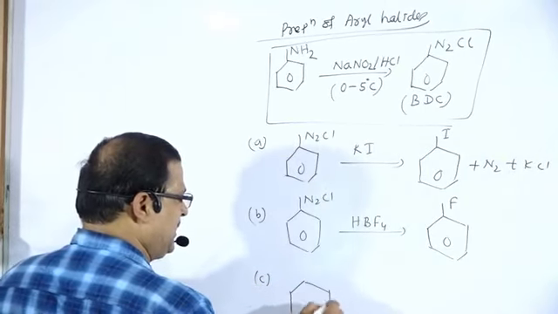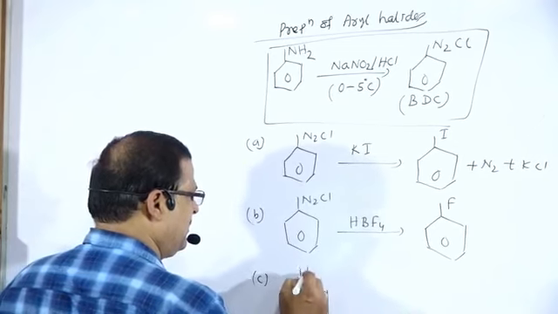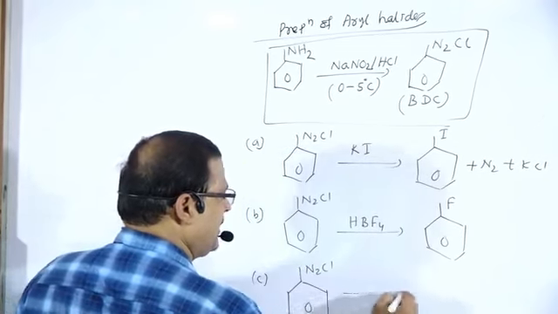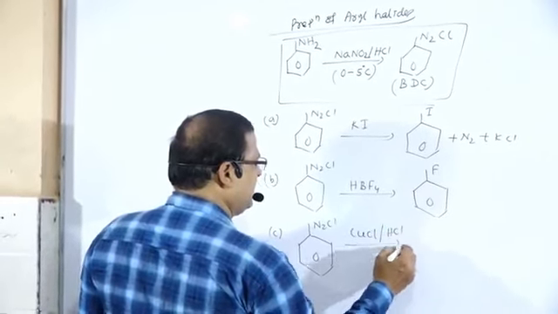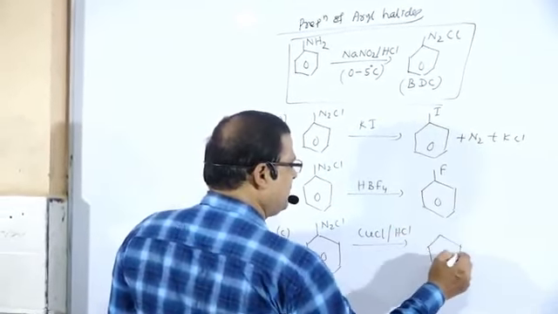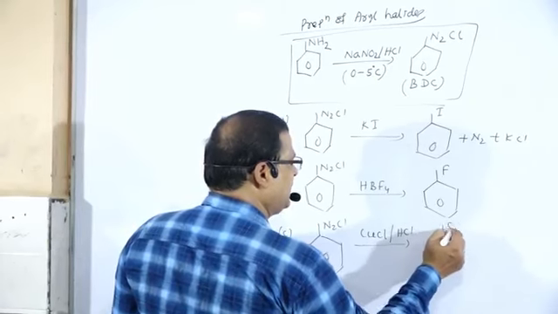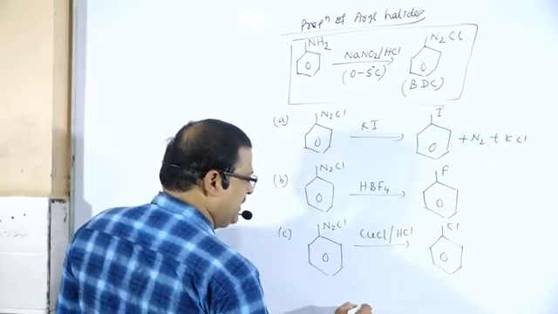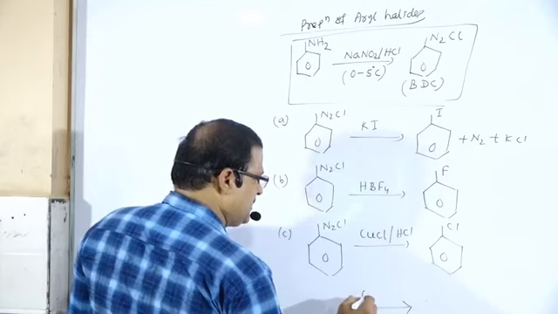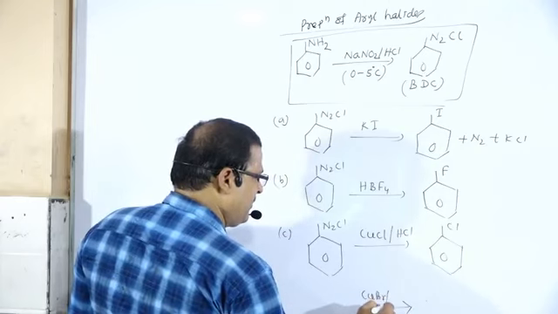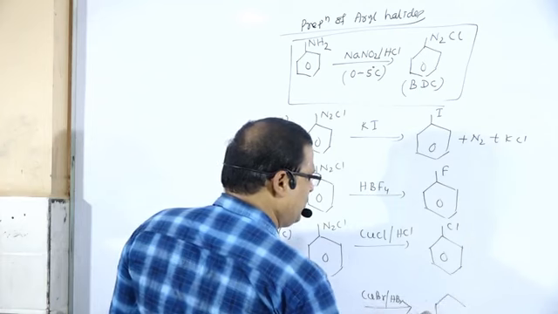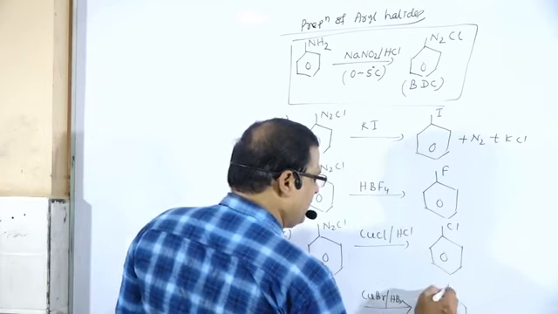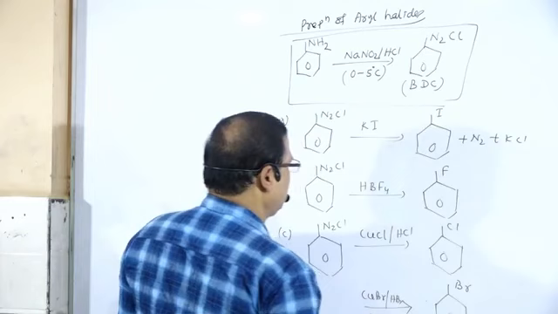BDC treated with CuCl and HCl forms chlorobenzene. If it is treated with CuBr and HBr, there is the formation of bromobenzene.